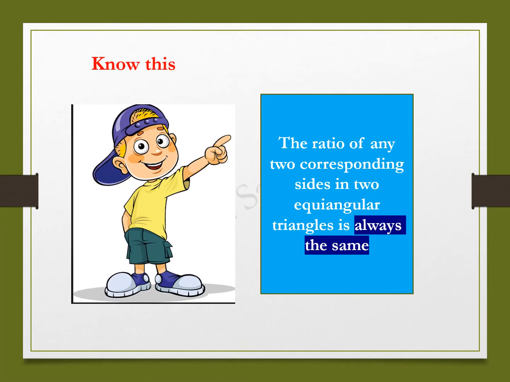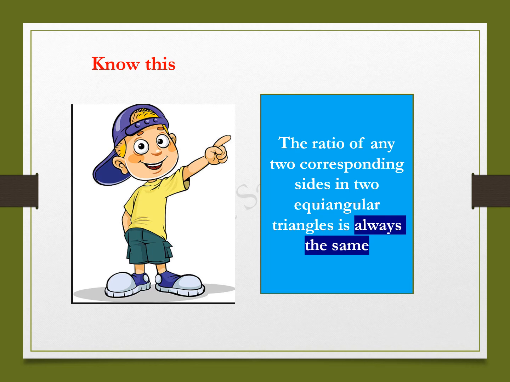The ratio of any two corresponding sides in two equiangular triangles is always the same. Is it clear, children? Suppose you have got two triangles in which the corresponding angles are equal. That means the two are similar. Okay. And then when you try to find the ratio of the two corresponding sides, they will always be the same. That is, they will be equal.